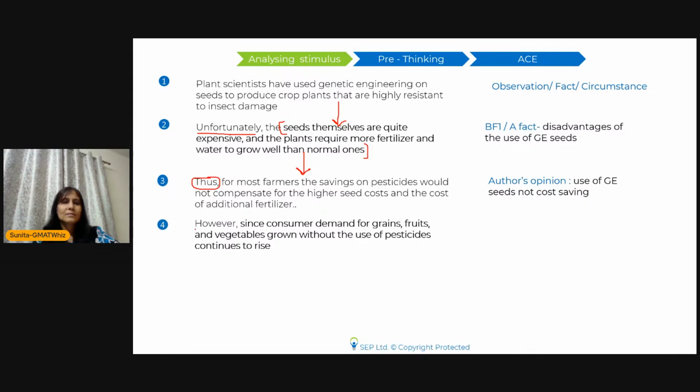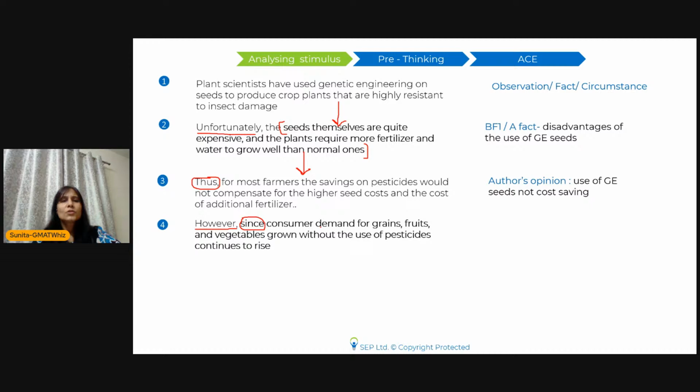However, we see a shift. And this portion of the sentence begins with a since. Now, at GMATWhiz, we give you some trigger words that tell you whether a statement is a fact or not. Since, because, these are two triggers which always bring forth what we call a fact.